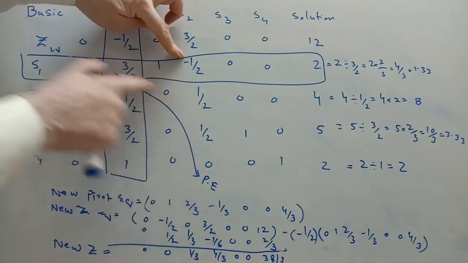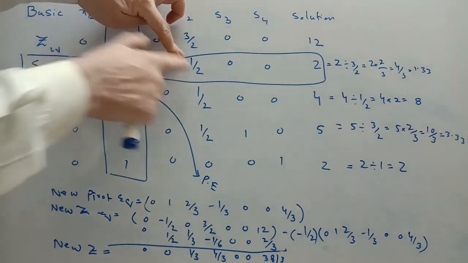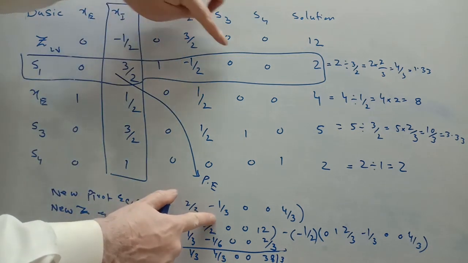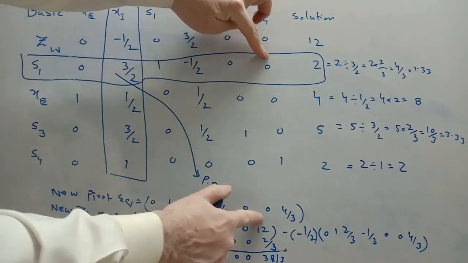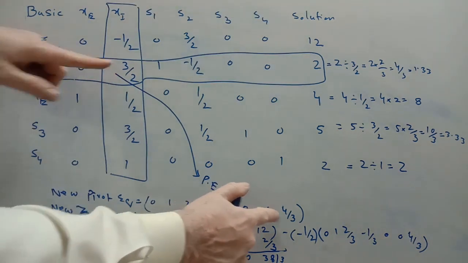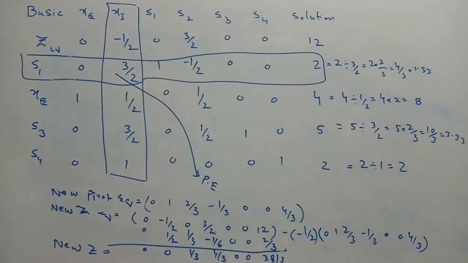Minus 1/2 divided by 3/2, 2 gets cancelled, so it will be minus 1/3. This will be 0, this will be 0. 2 divided by 3/2, it will be 4/3. So these are the values of your new pivot equation.